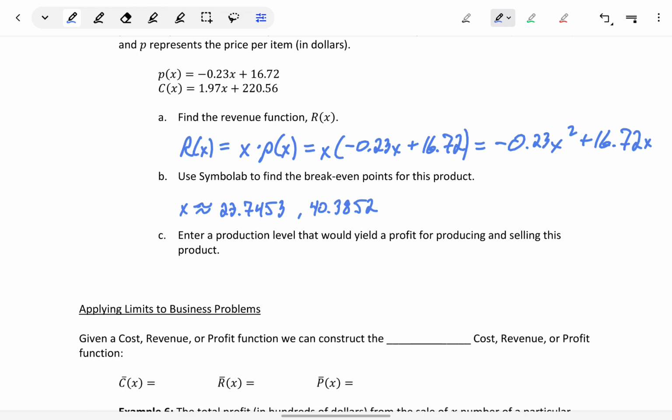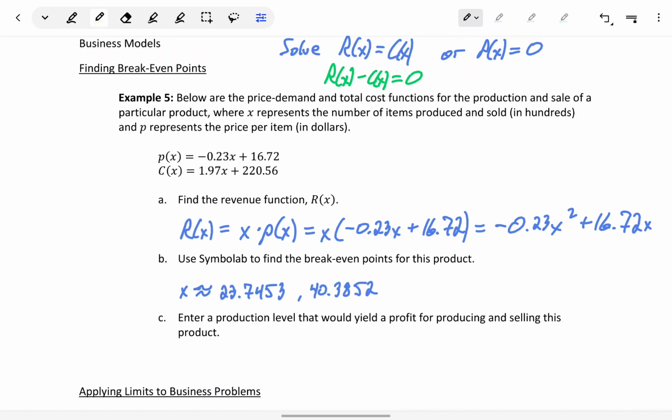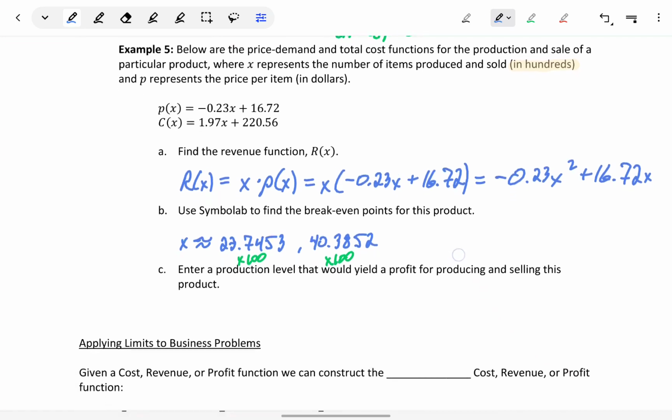But those values are not our break-even point. Those are the numbers that we want, but we have one last step that we need to take into account here, because we were told that x represents the number of items produced and sold in hundreds. So our last step to answer part B is to multiply both of these results times 100 to get that unit conversion in place.